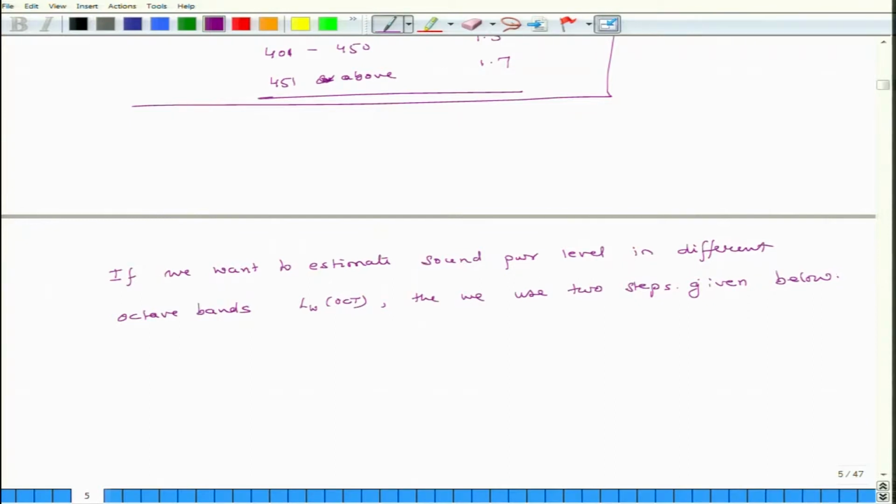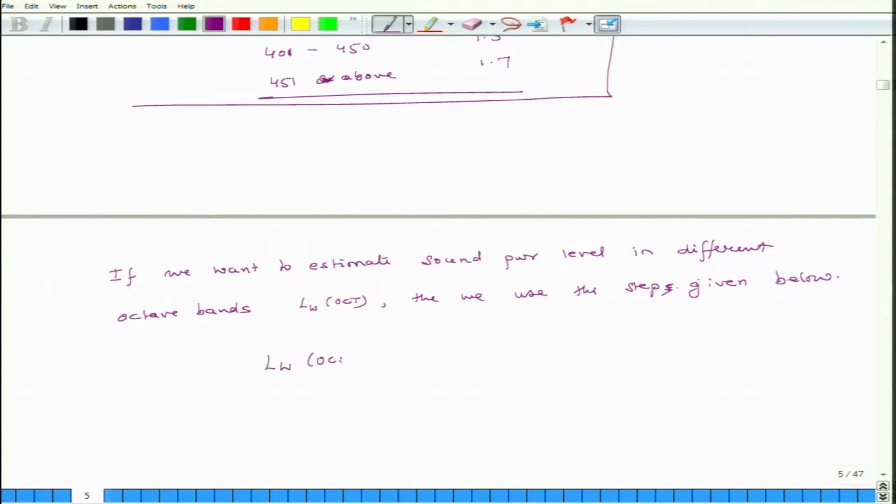Step 1, actually it is not two steps, it is just a single step. What is the step?